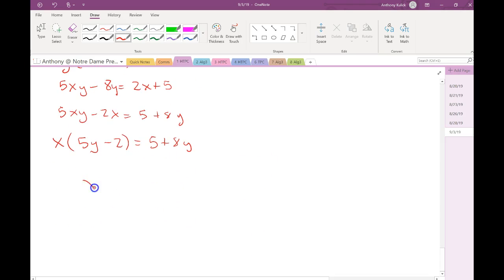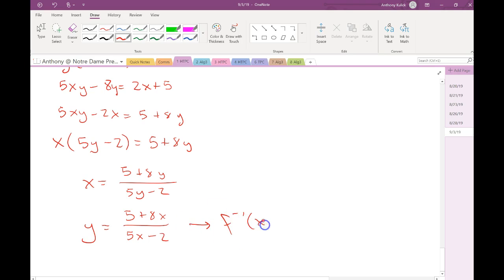And now I can divide both sides by that 5y minus 2. And then when I swap the x's and y's, we're there. So my inverse then is 5 plus 8x over 5x minus 2.